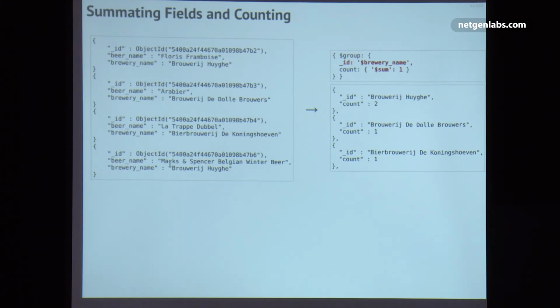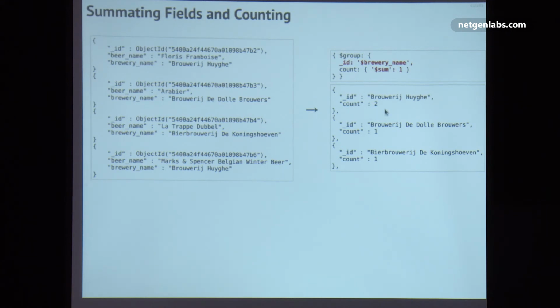Now for the last one, because there is already a document with the brewery name Brouwerij Heuge, it will not create a new document, but it will instead only do the other updates for the fields. So in this case, it says count sum 1. And that basically means for each time we find a document that has the same ID as a document I already have, we add 1.